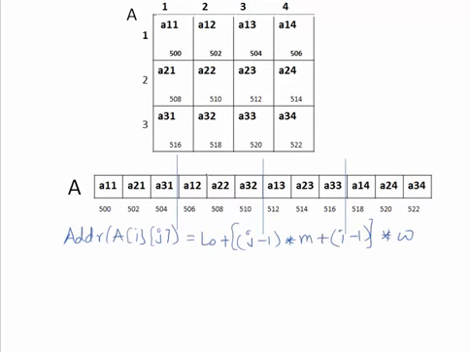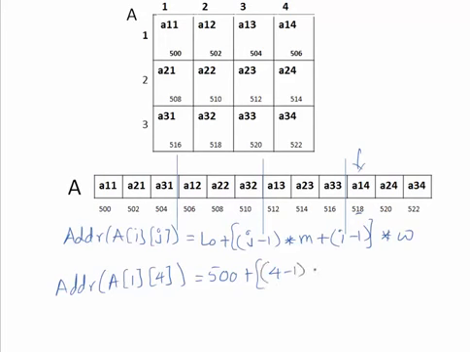If we want to get the address of any location, let us say A 1 comma 4, that is 518. Let us get the address by putting the values in the formula. Address of 1 4 is L naught, 500, plus j value is 4, so 4 minus 1 into m. It is 3 cross 4, that is m cross n, so m value is 3, so 3 plus 1 minus 1.